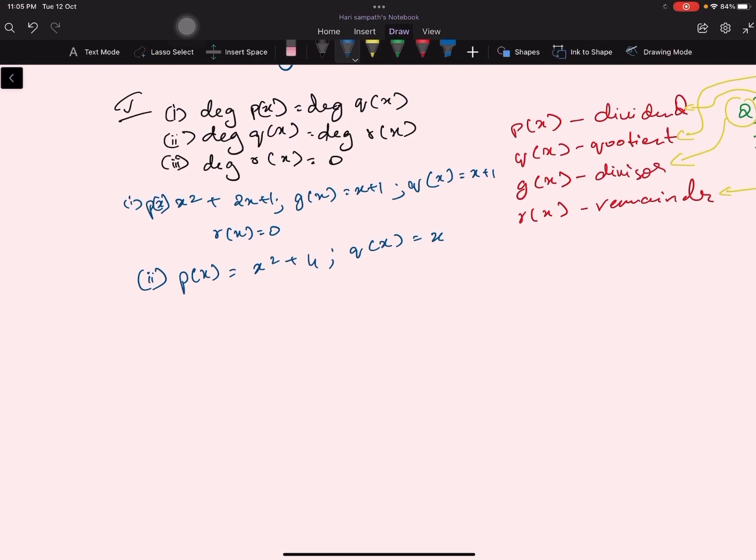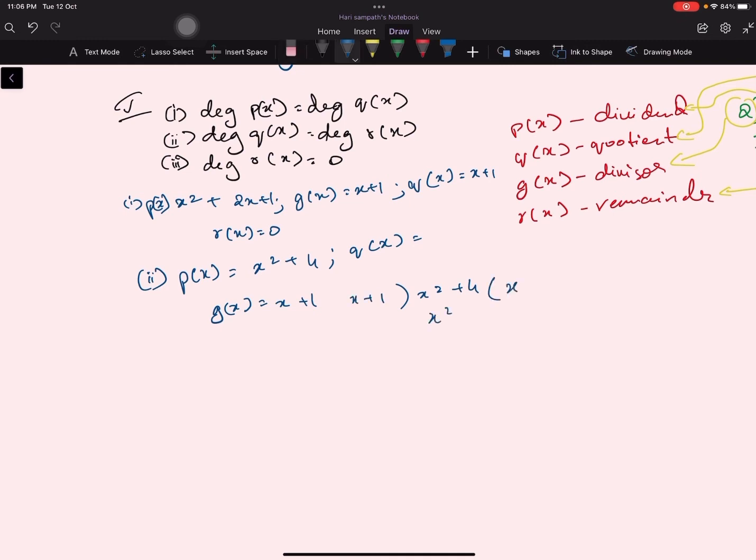So when it is divided, I'll take g of x as x, and q of x will be... I think I should take g of x as x plus 1. Maybe, yeah, that would be better. X square plus 4, and I'm going to be dividing it by x plus 1.